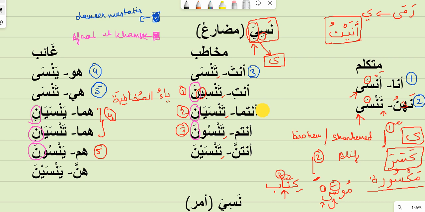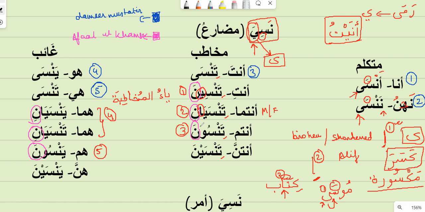Antuma is used for both male and female. As you know, in mukhatib we have only one dual for both male and female, and it is shown with the ta. This ta shows it's mukhatib. Where is the damir? The alif of muthanna.